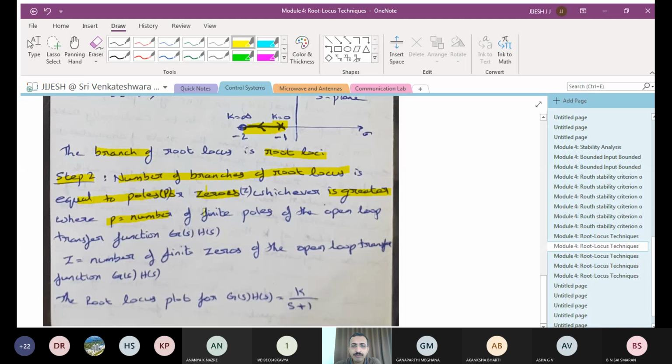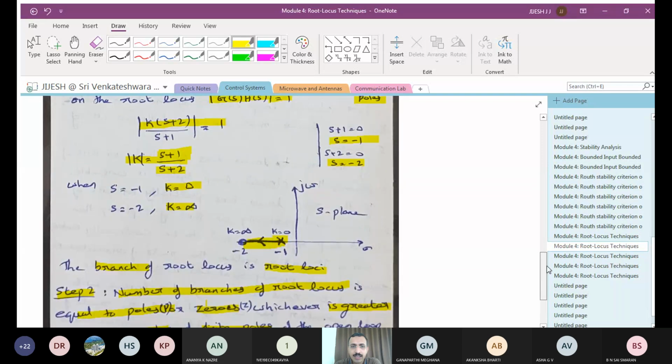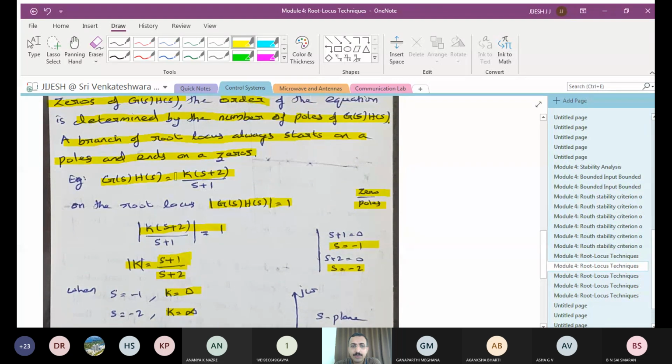So P is the number of finite poles of the open loop transfer function G of s, H of s. Any transfer function you take, G of s and H of s, as we have discussed before in the previous example, I have taken the function G of s, H of s equal to k into s plus 2 divided by s plus 1. This was an example taken here.